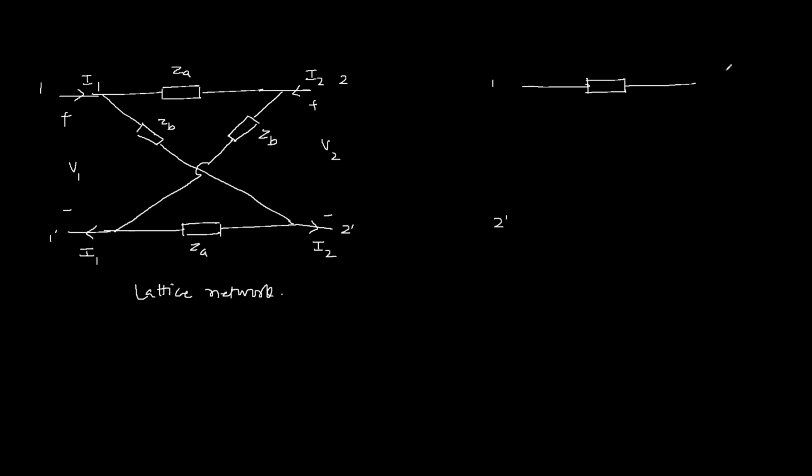One, 2 dash, this is 2, 1 dash. This is ZA, this one is ZA. Now between 1 and 2 dash, ZB is connected, and between 2 and 1 dash, ZB is connected. This is ZB.